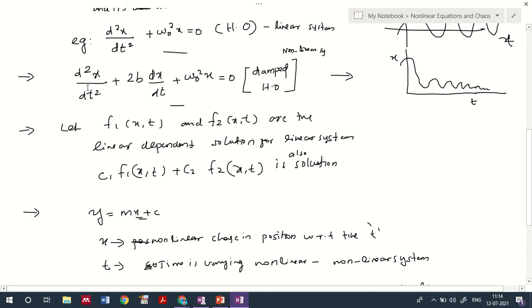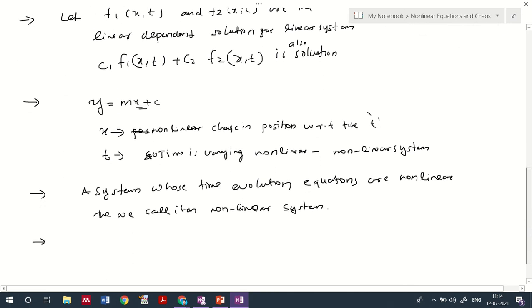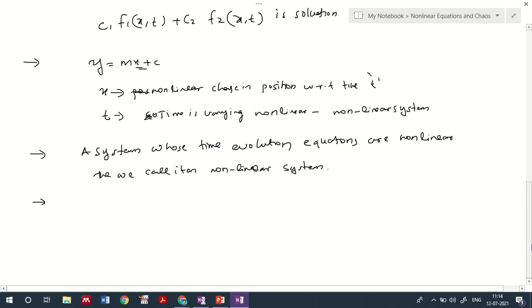And d square by dt square is again a second order change, from t1 to t2. So there is a time evolution happening, and we are evaluating the change in x with respect to time, okay.